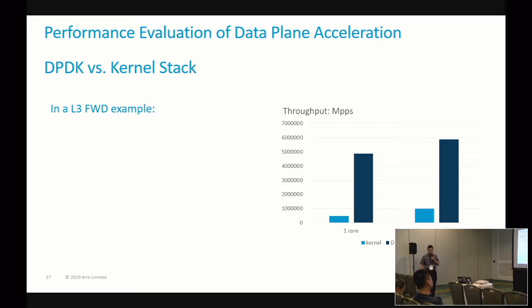We want to do data plane acceleration, so we should first compare the performance of kernel forwarding and DPDK forwarding. In the layer 3 forwarding example, the DPDK performance is much higher than the native kernel stack.